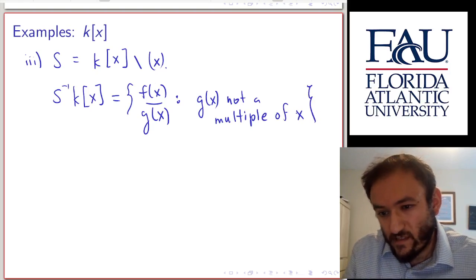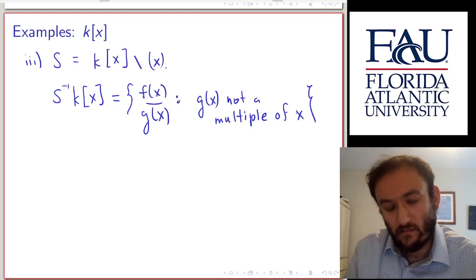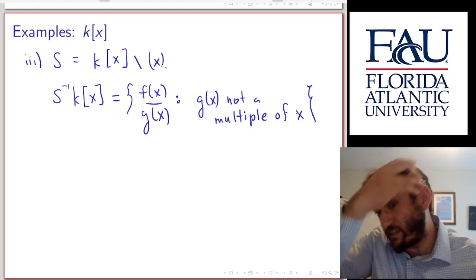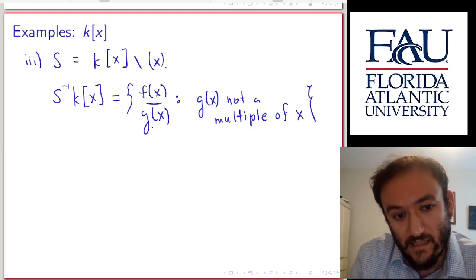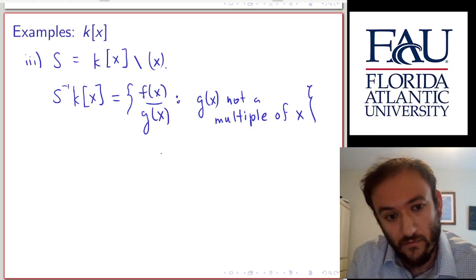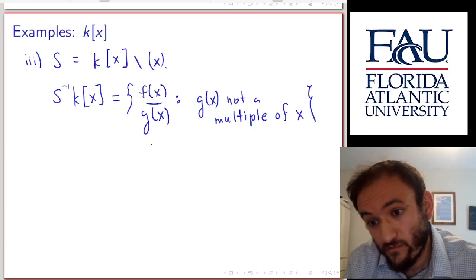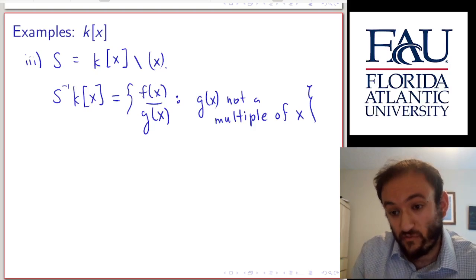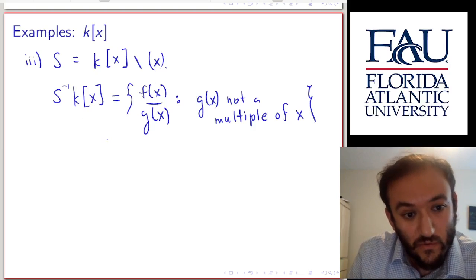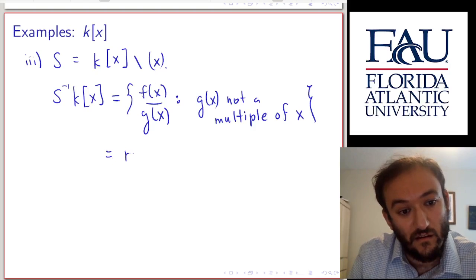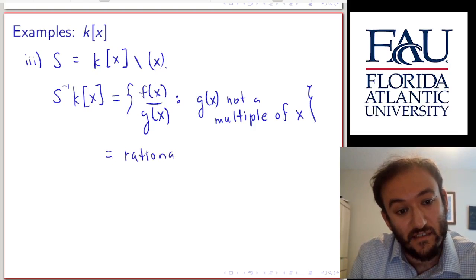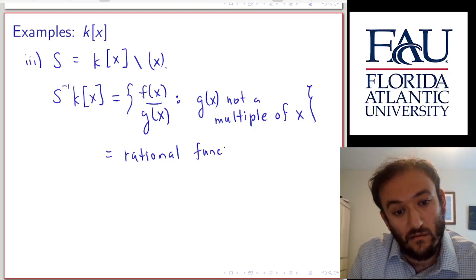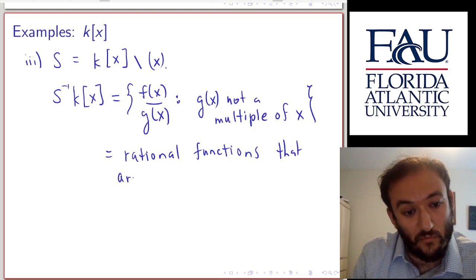If we're thinking of these not as polynomials per se, like an algebraic object, but as functions, what this means is that this function will be reasonable at 0, right? You'll be able to compute the value of this function at 0. So we could think about this as rational functions that are well behaved at 0.